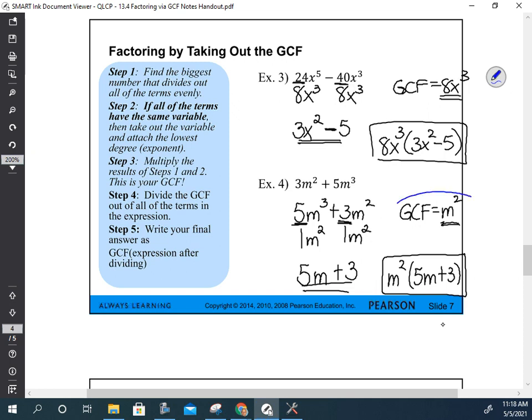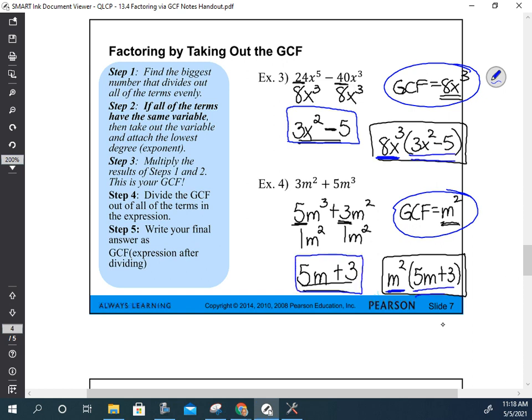So whatever the greatest common factor is, that goes in front. Whatever you get after you finish dividing, that goes in the parentheses. It goes in that order.